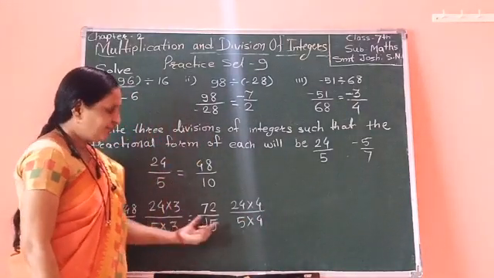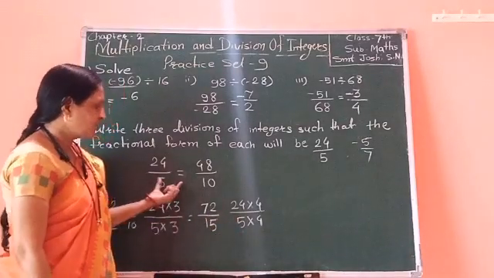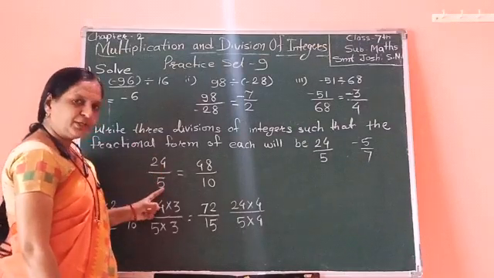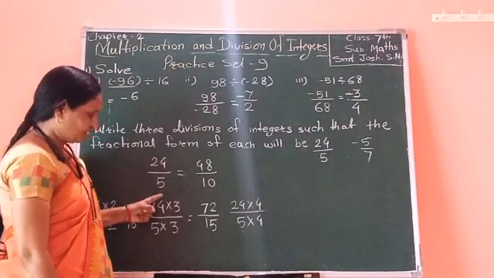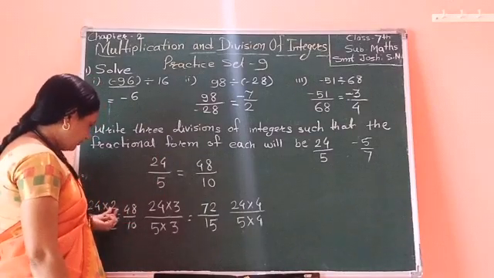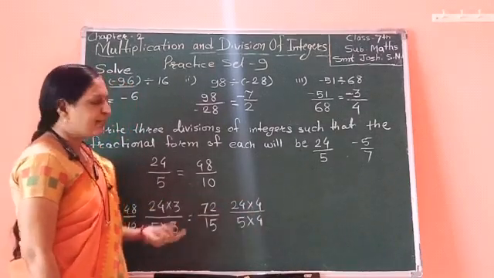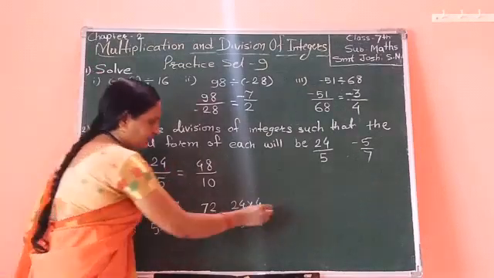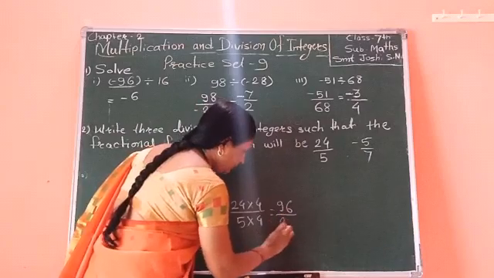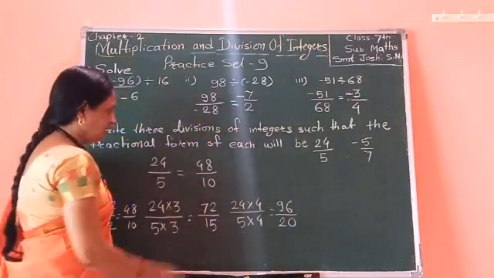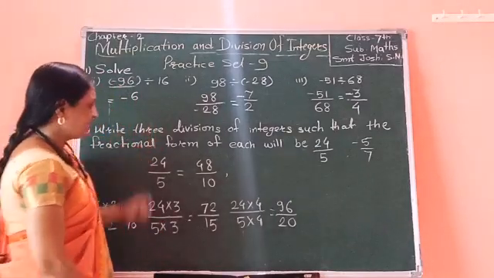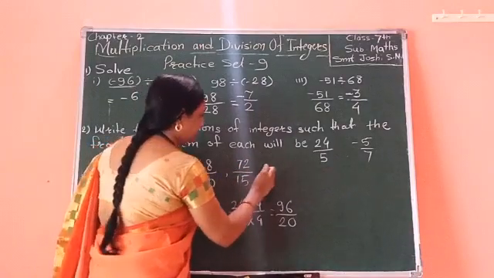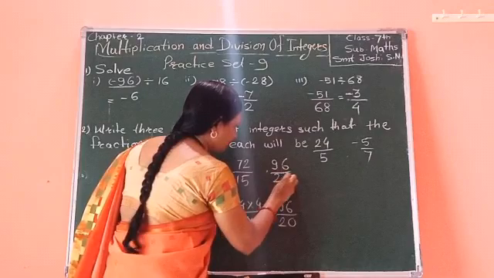You can write different answers for this question. Any number can be multiplied in numerator and denominator, but by the same number. Here I multiply by 2, 3 and 4. You can multiply by any natural number. The 3 divisions are 48/10, 72/15 and the third is 96/20.